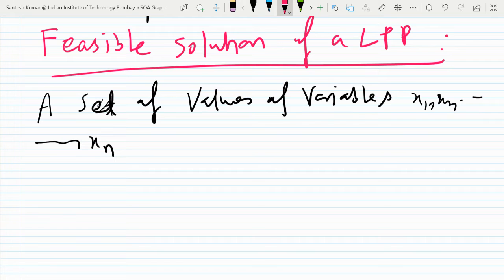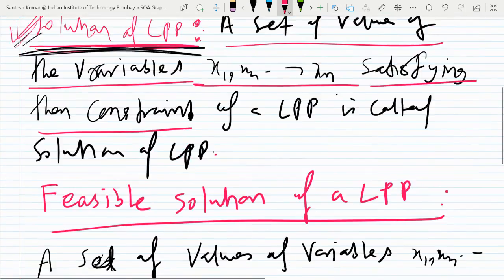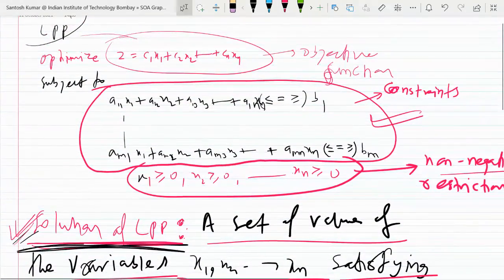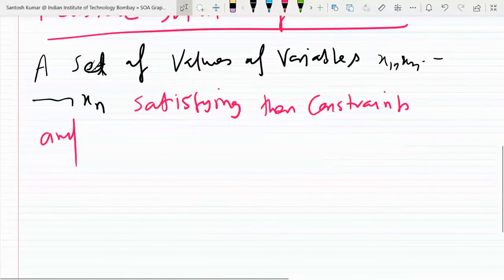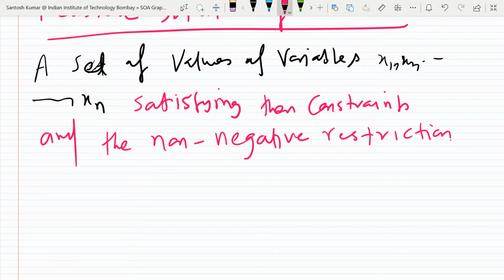A set of values of variables satisfying the constraints, which are this middle part, and the non-negative restrictions of an LPP.